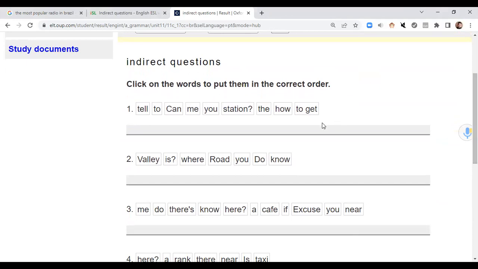Now, please, let's do it. Can you tell me how to get to the station, right?